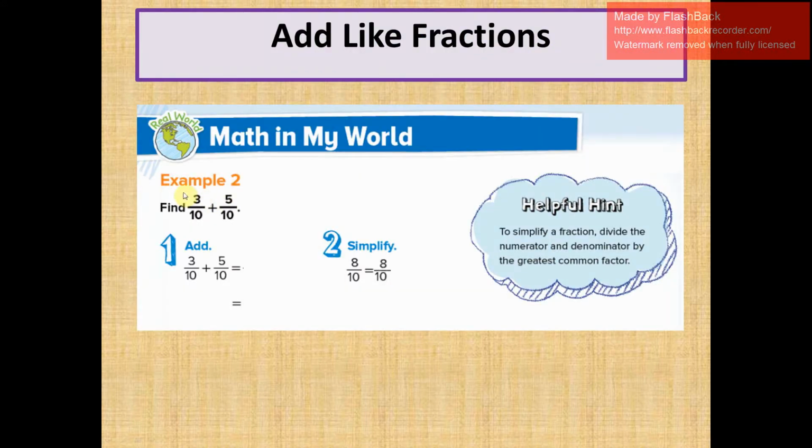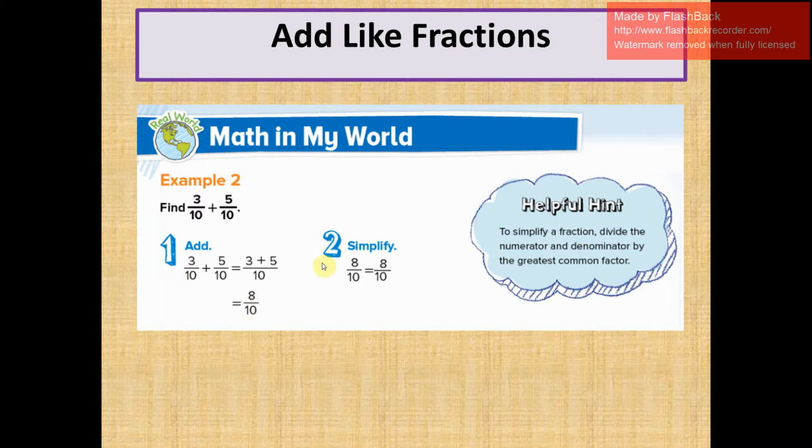Now look at example 2. Find 3 over 10 plus 5 over 10. The first step, you have to add the numerators, and you will keep the denominator. 3 plus 5 over 10. 3 plus 5 equals 8 over 10. So the answer is 8 over 10.